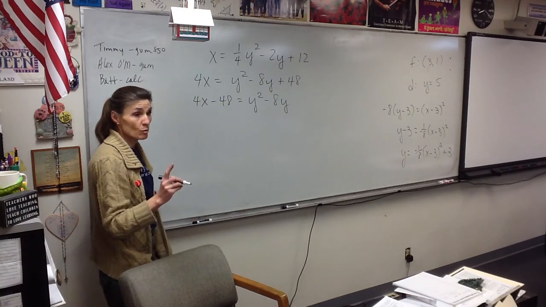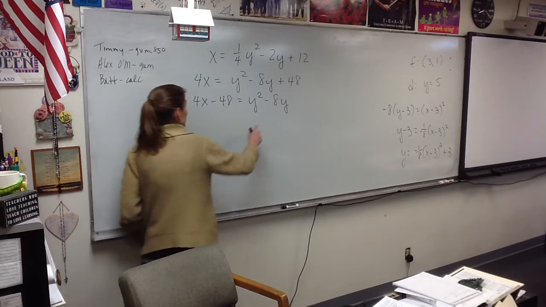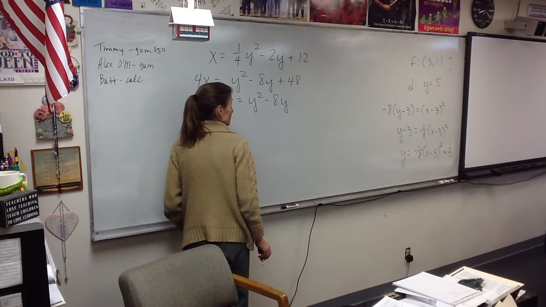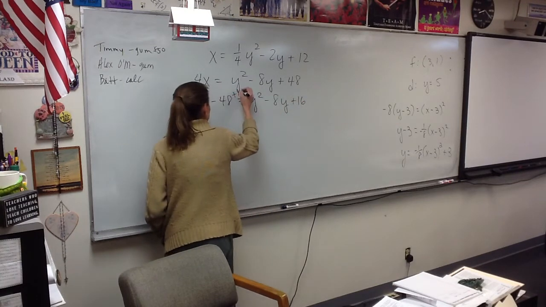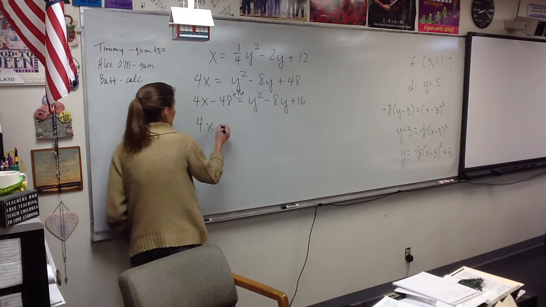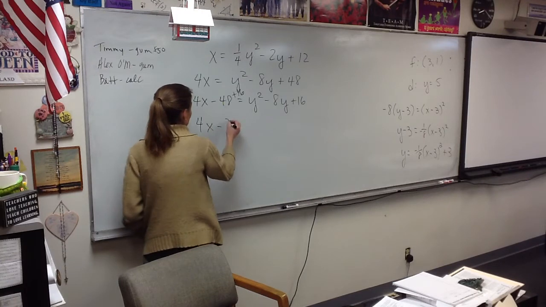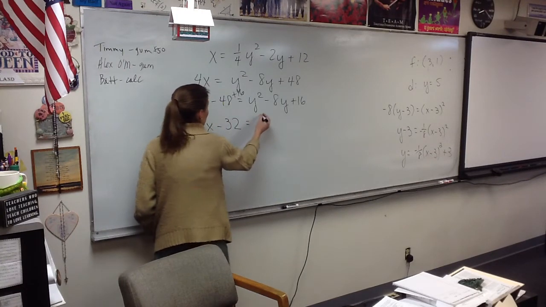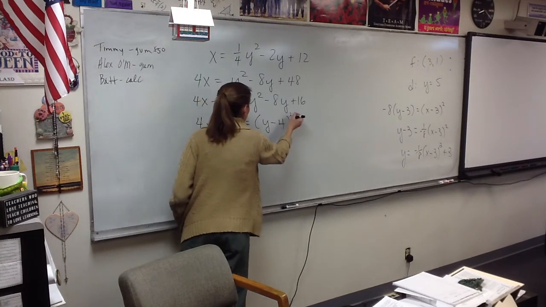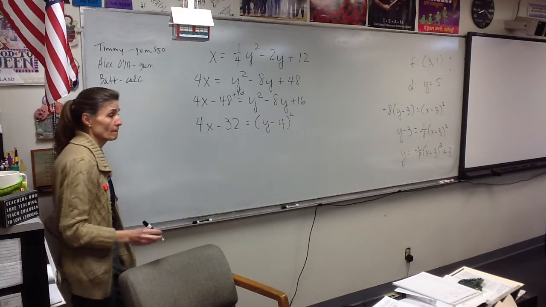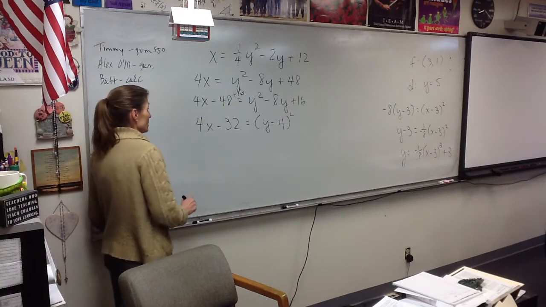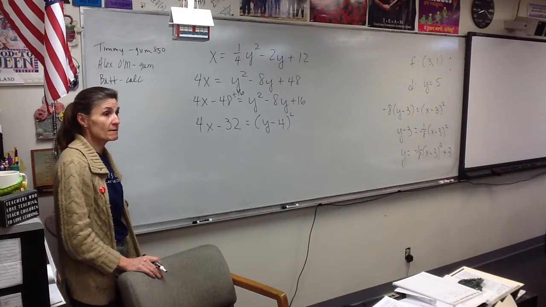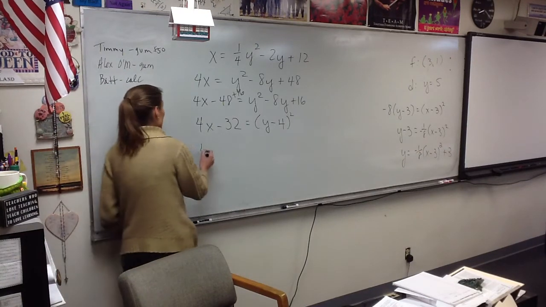First we have to complete the square, don't we? So we're going to take half of 8, which is 4. We're going to square that and get 16, and we're going to add that to both sides. So 4x minus 32 equals y minus 4 squared. Stop me if I make a mistake. We're almost done. Last thing, take the 4 out.